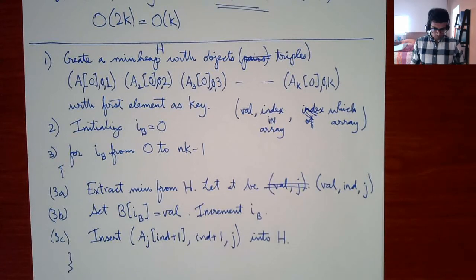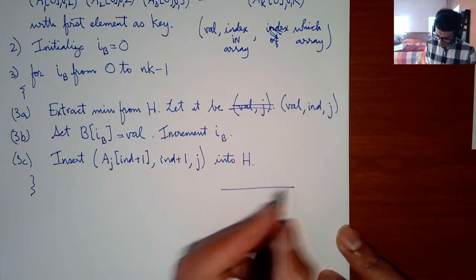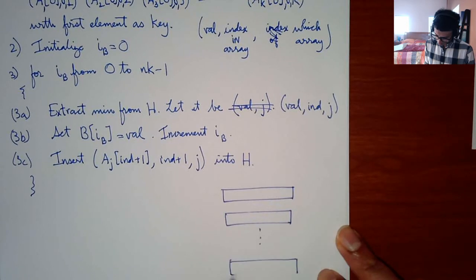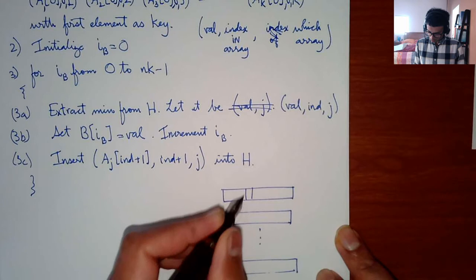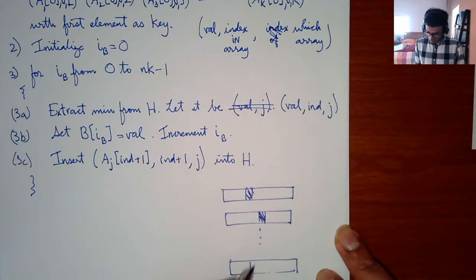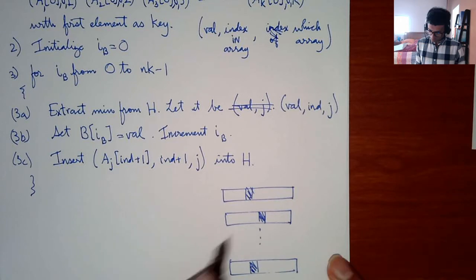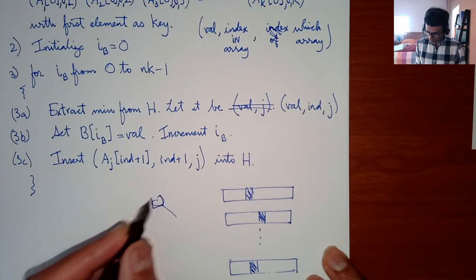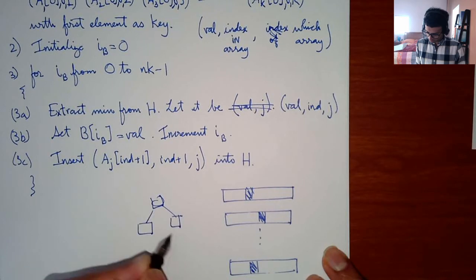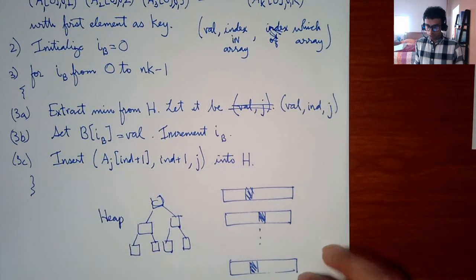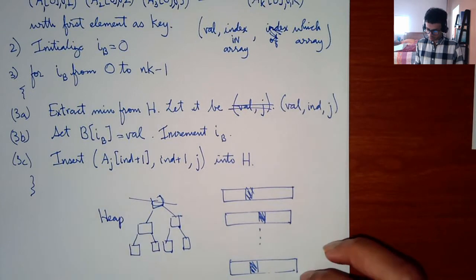So the way to think of it, you just draw a picture. At some point, let's say this is in the heap, this is in the heap. There is only going to be one element from each array in the heap, right? And this is what the heap is going to have. So we're going to extract the min.